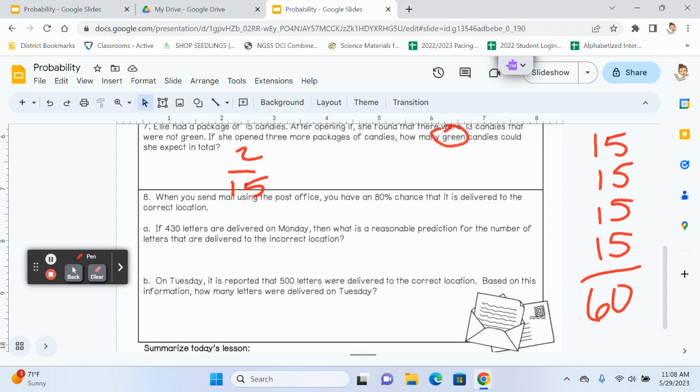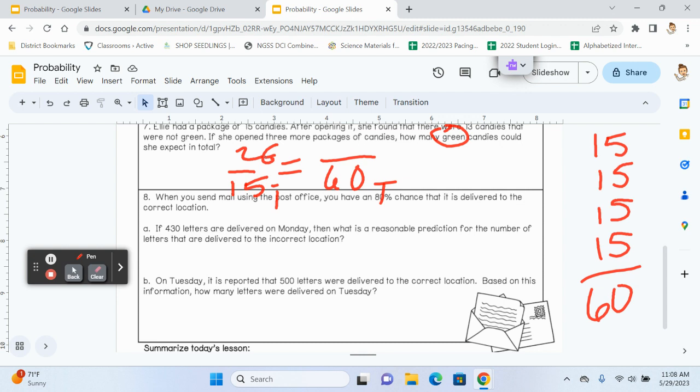Now, we already decided that this 2 represents green. So you remember from ratios, we have to keep the same thing with the same thing. So 15 was the total in 1 package. 60 is the total in 4 packages. And I know this 2 is green. I'm going to put a G for green. So I'm looking to see how did I get from the 15 to the 60?